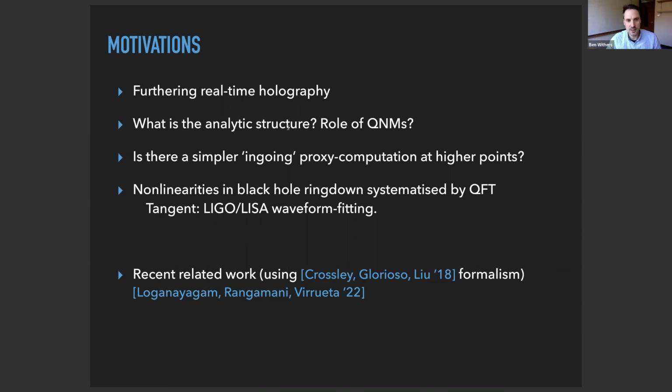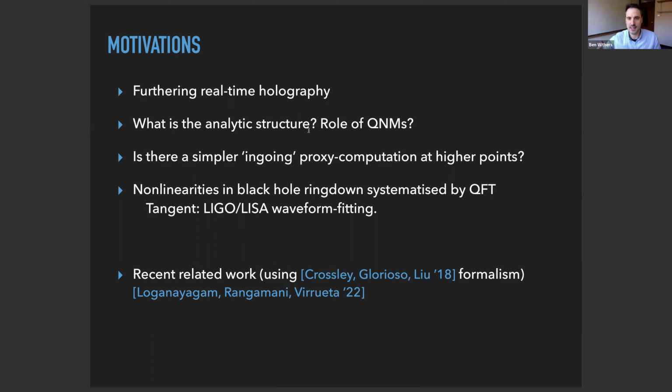This question that was just asked, exactly. So in 2-point functions, Son, Starinets, and co. saw that the quasi-normal modes appeared in the 2-point function response, and that's an important connection between black hole physics and strongly coupled field theories at finite temperature. The question is, does that continue to higher points?